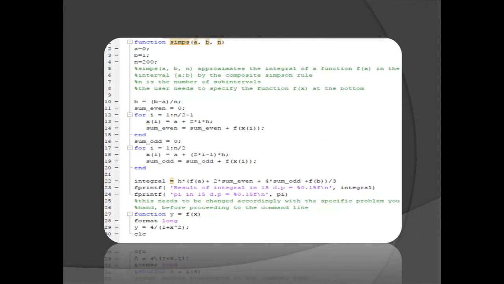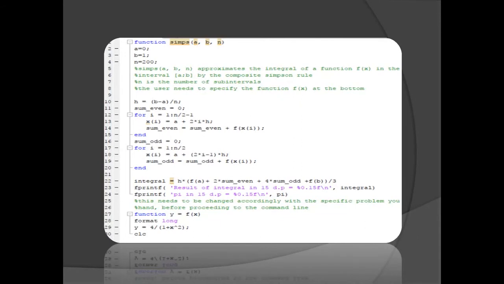But don't forget, we need to write the function of the equation at the bottom of the coding. As you can see, we write the function y equal to 4 divided by 1 plus x to the power of 2. We also write clc because we want to clear all the calculation and present only the answer.